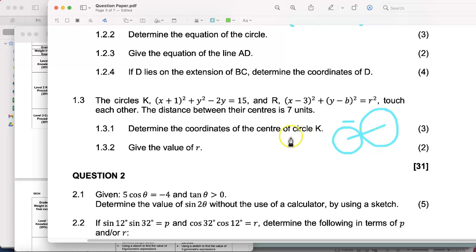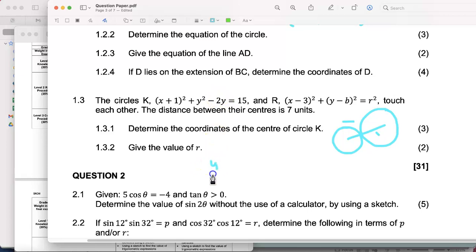Now they ask me a few questions. Determine the coordinates of the center of circle K. Remember what I said: if they give you an equation that's not in standard form, you should know how to do that, and it's super simple. You take whatever is in front of the x that is not squared; this side is already fine. For the non-squared y, you take that, half it and square it.